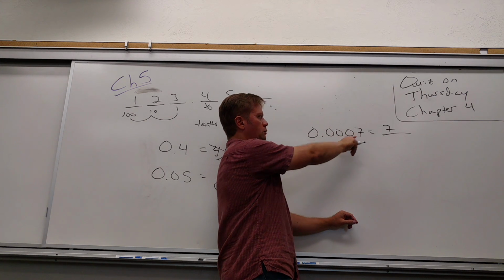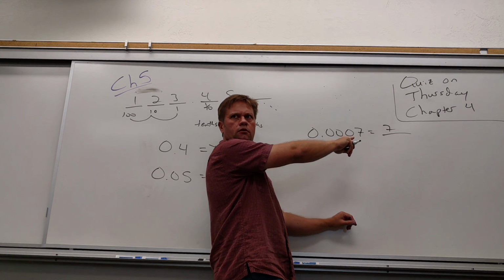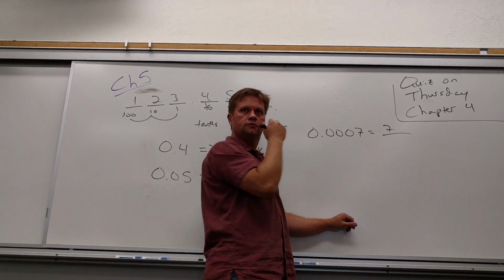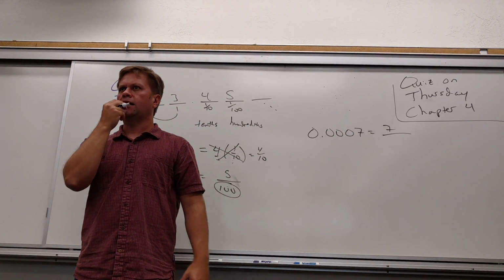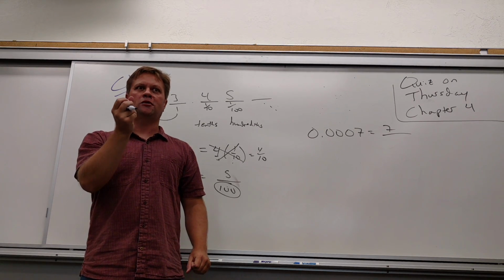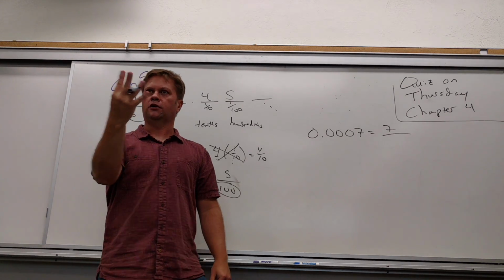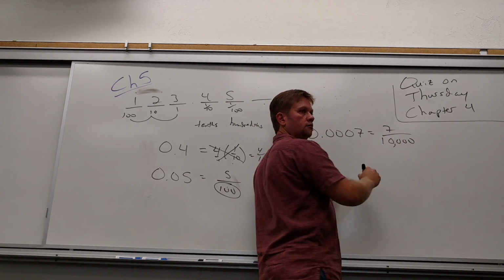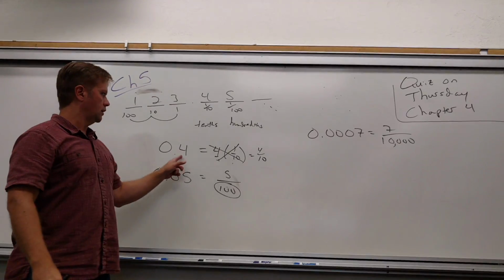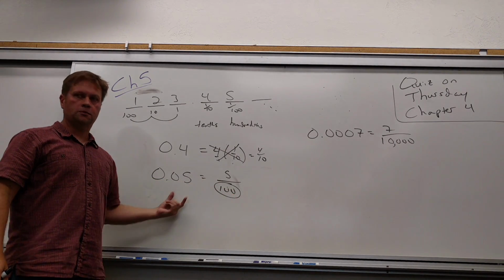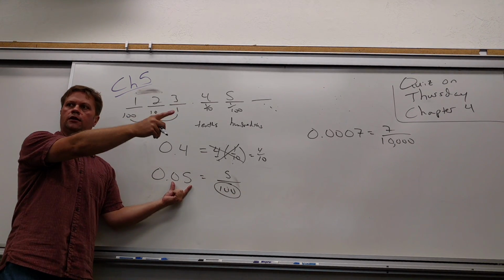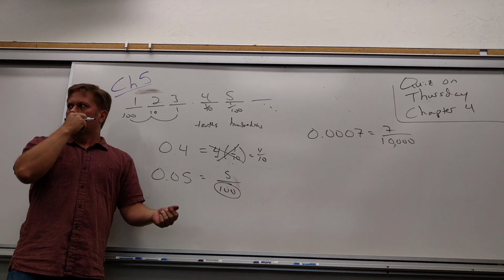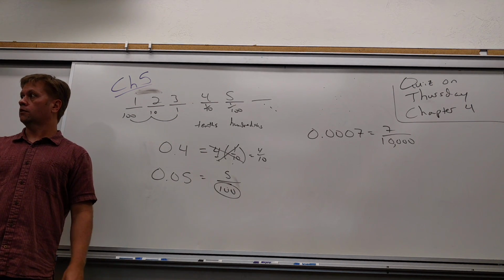How many decimal places are there here? 1, 2, 3, 4. You see that? Not how many zeros, but how many decimal places. 4. Now watch. How many zeros do I need then? 4. That needed 1 zero, that needed 2 zeros, because it matches how far out it is. So you count it that way.